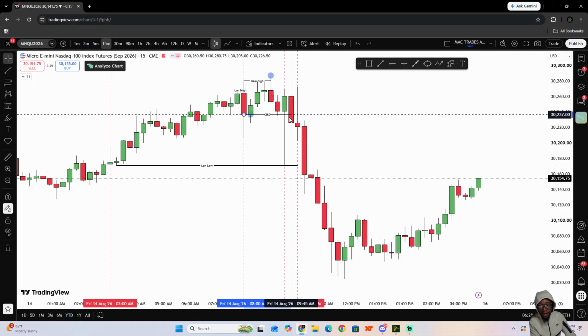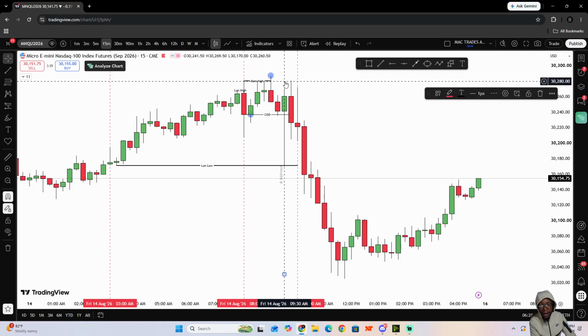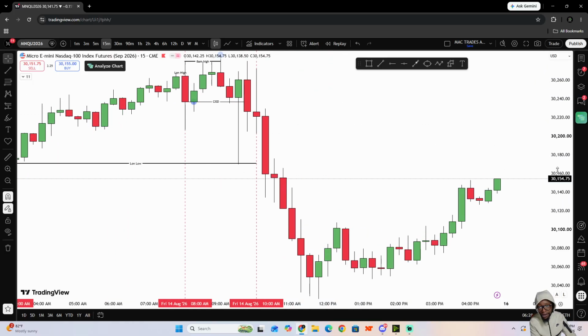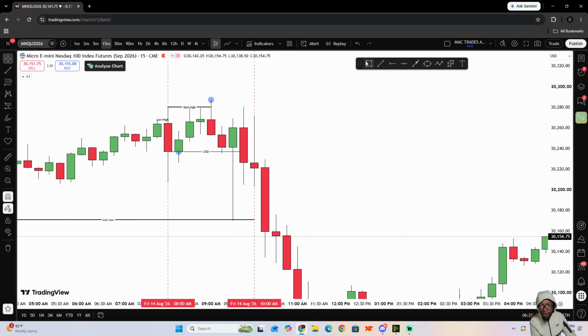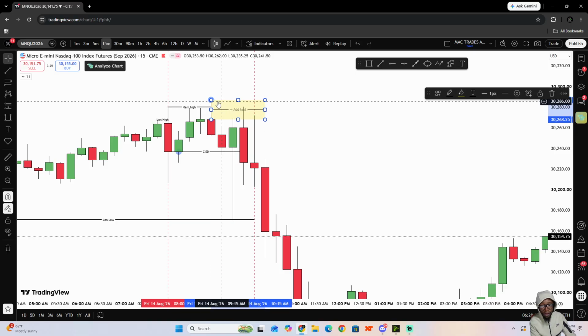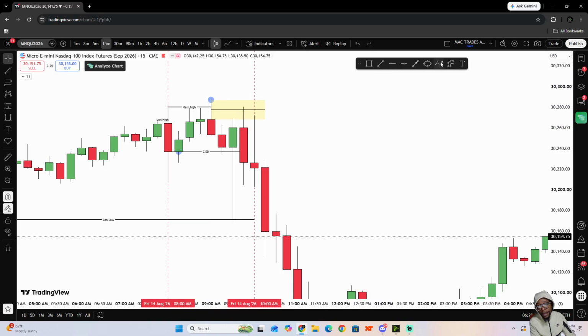And as you can see, coming into 9 o'clock or 9:30 this morning, I'll erase that level. We did break that area, right? So overall, I don't want to see price break above this high. And I'm using a middle line on this rectangle just to show some form of lower high.